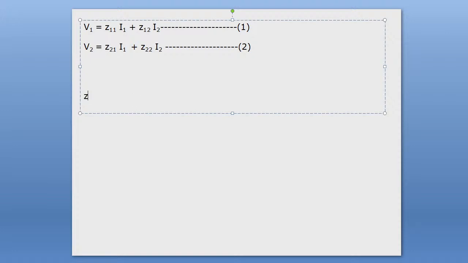So Z11 equals V1 divided by I1 at I2 equal to 0, or output port is open circuited. If you make I2 0, then this term is 0, and then you can write V1 by I1 equal to Z11.